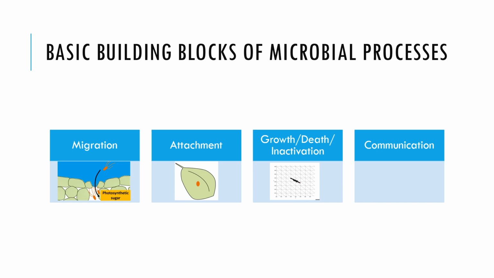Now, discussing a framework for all four of them would be too much in this video, so we are trying to stick to two of them: migration, and we'll also talk about growth in more detail, and we'll talk a little bit about attachment and not much about communication. Communication has to do with bacteria using chemical signal molecules to communicate with one another.